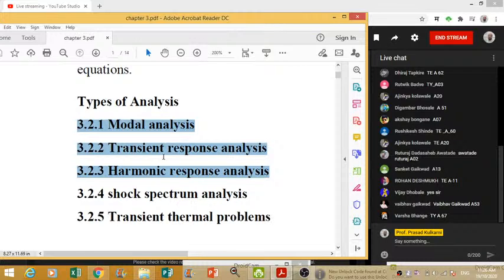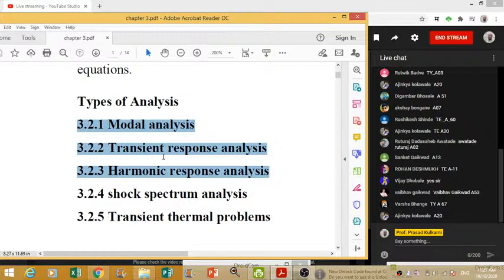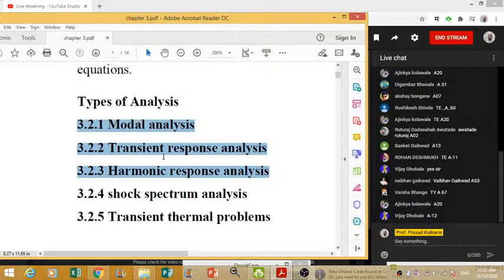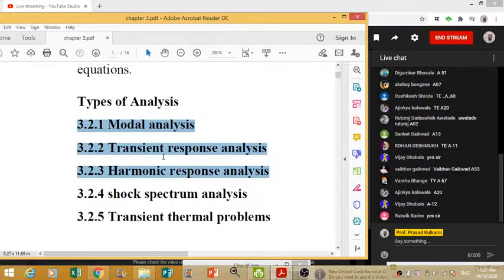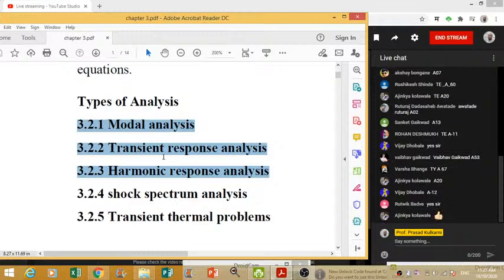Take an example of helicopter blades. If helicopter blades are rotating at high speed, a rotor frequency is generated because of the rotation of the blades, and that frequency may match the natural frequency of other components of the helicopter, and there may be a failure of helicopter components.